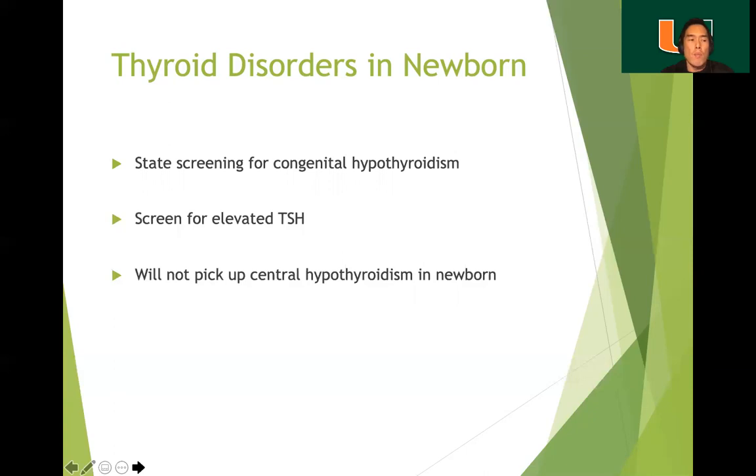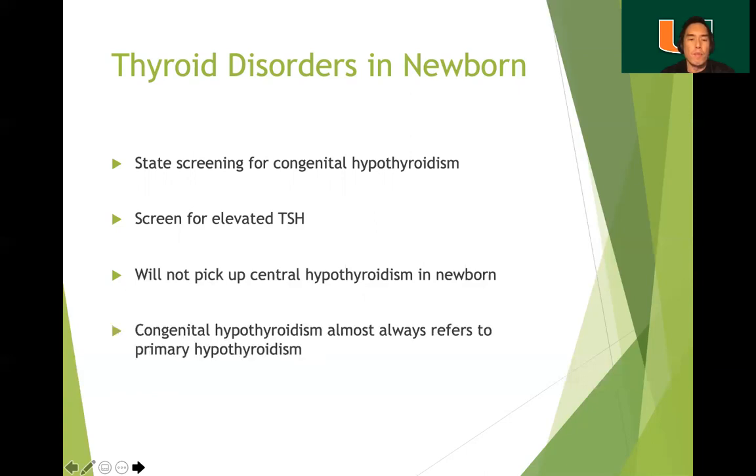So even though these patients will not be picked up, we found that they do not have the same degree of neurological damage as primary congenital hypothyroidism. Now, with that being said, when we say congenital hypothyroidism, it almost always refers to primary hypothyroidism, a problem at the thyroid gland.